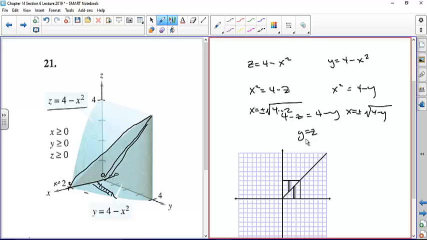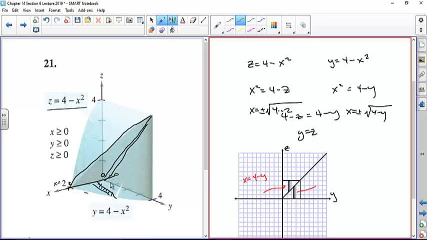So let's call this Z. Here's Z, and here's Y. The function that applies to this region would be this curve, so that would be x equals the square root of 4 minus y.